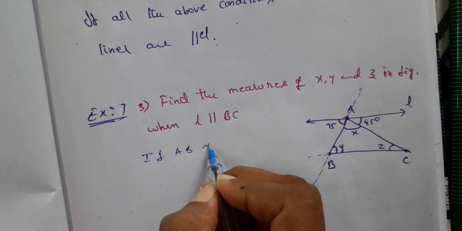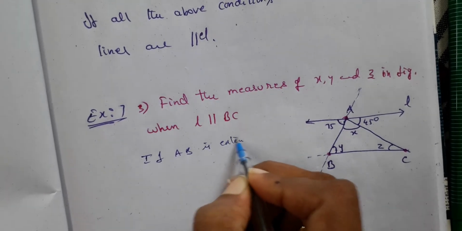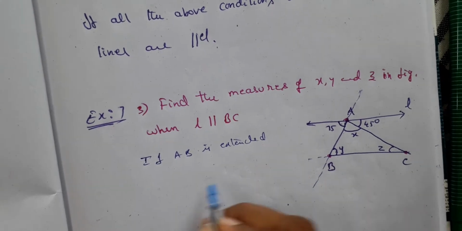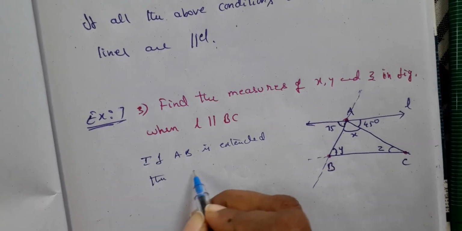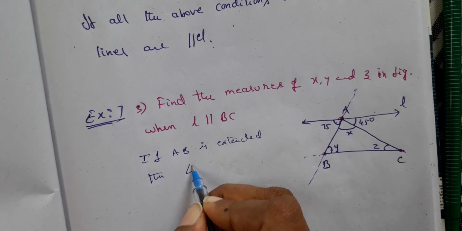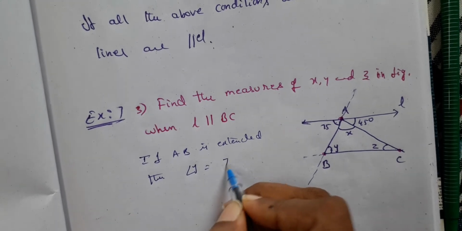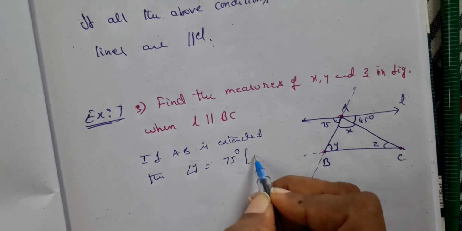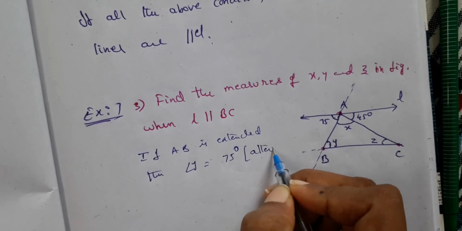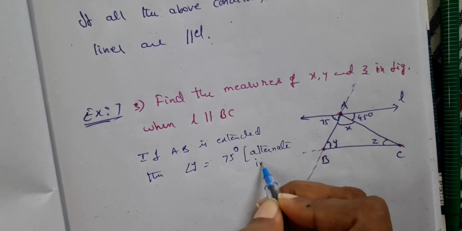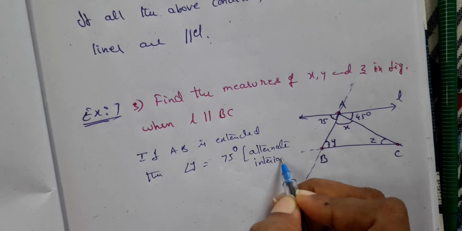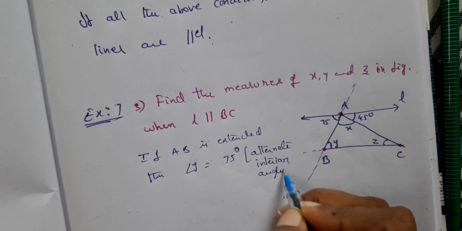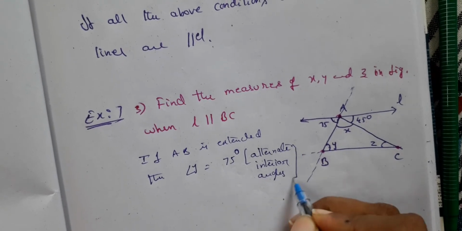So if AB is extended, then angle Y is equal to 75 degrees. Why? Because alternate interior angles. All the conditions are satisfied, no?